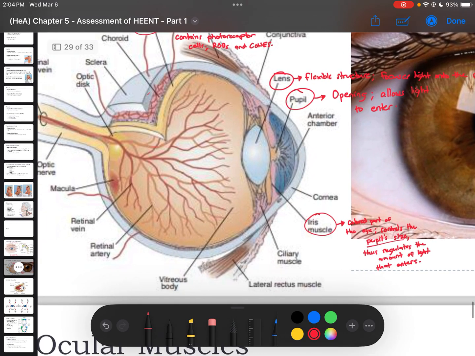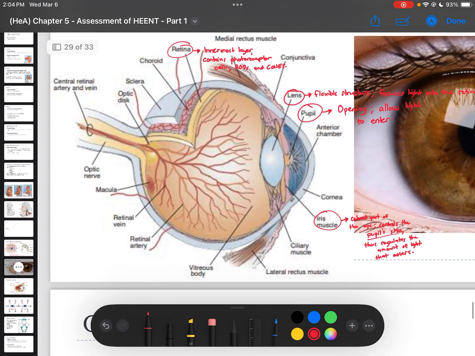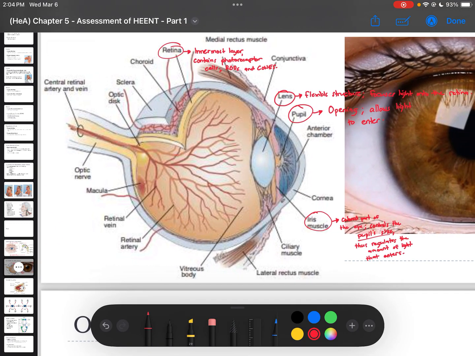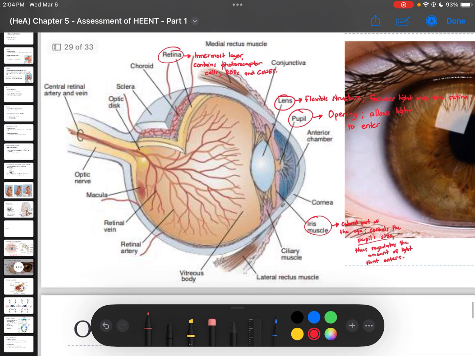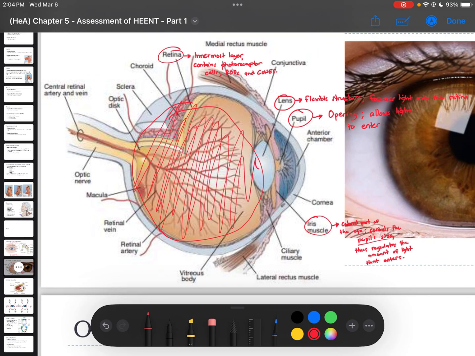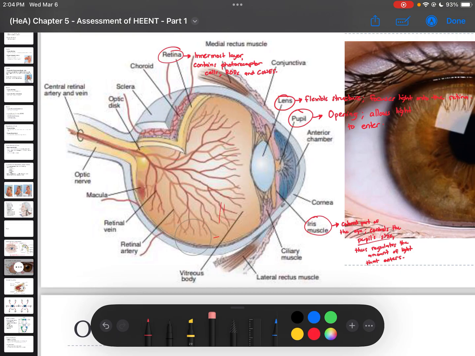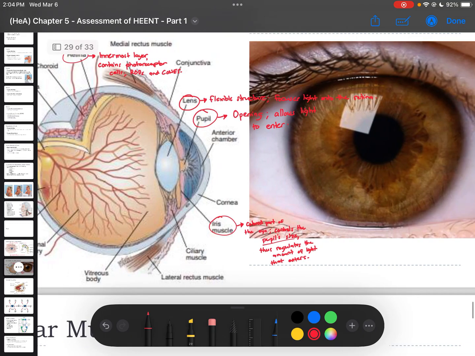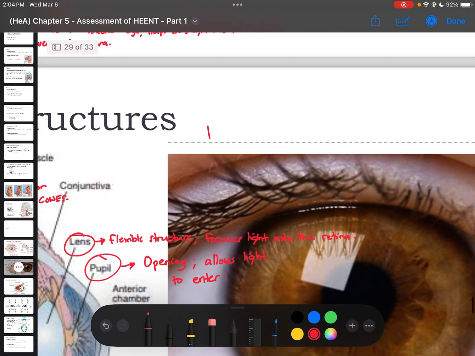After that, class, is what we call our vitreous humor. A vitreous humor is a form of fluid. It is found here, near our vitreous body, where the fluid is.